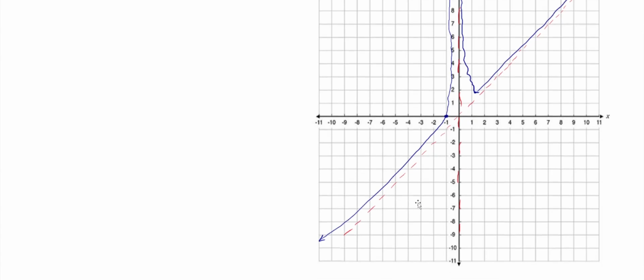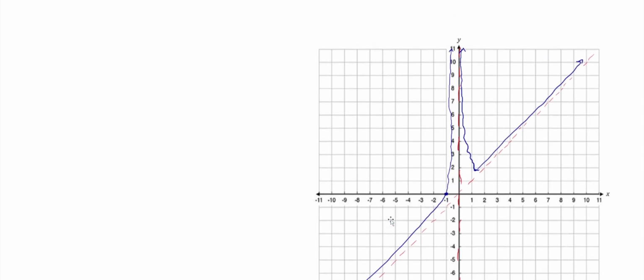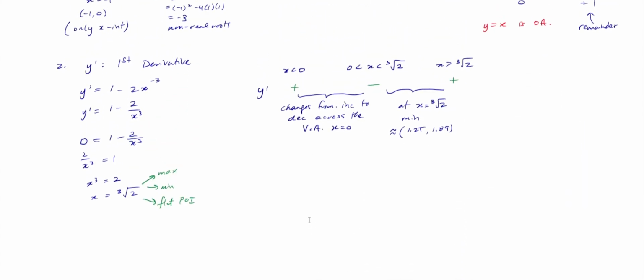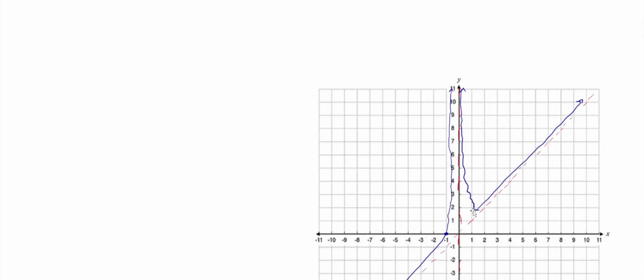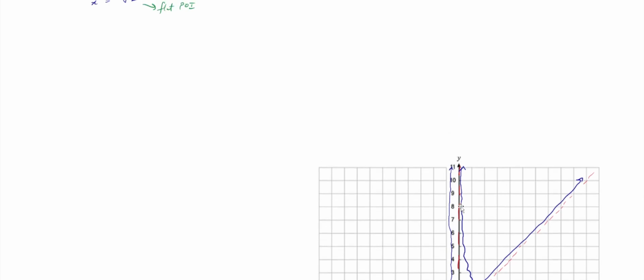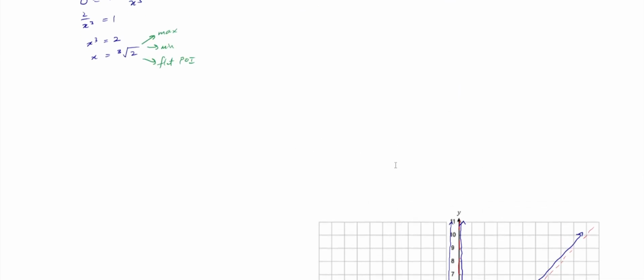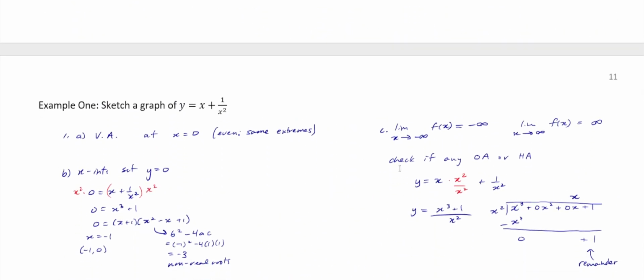I know I don't have any changes in concavity because I was given only one minimum, and that was this right here. So it's concave up on this region of the function, and it just goes to a minimum here. So that's enough information for my graph of y equals x plus 1 over x squared.